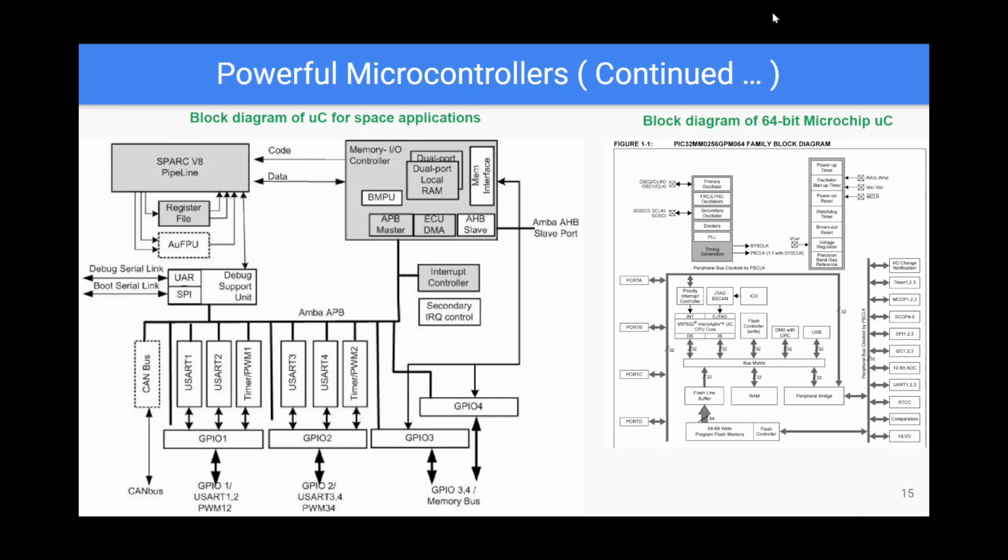So in space, we cannot use an ordinary general purpose or even an industrial use microcontroller we can buy. It has to be a space grade IC package. Microcontroller, as we already know, is just one of the ICs, because it has to cope with enormous radiation, so that's why they are very costly.